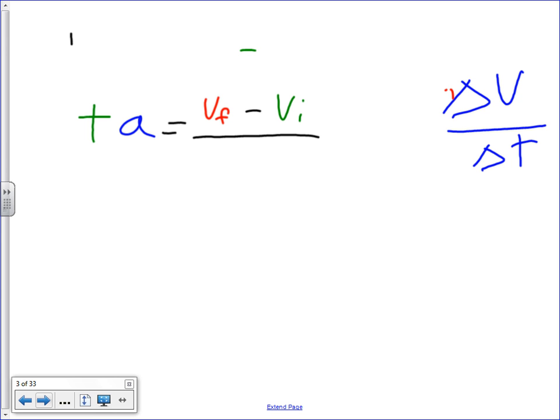Add it. Guys, there's only two rules in algebra. What you do to one side, you do to the other. And if you want to move something, you do the opposite. If I'm subtracting right now, I want to move it, I have to add. So I'll take my VI and move it over to here.